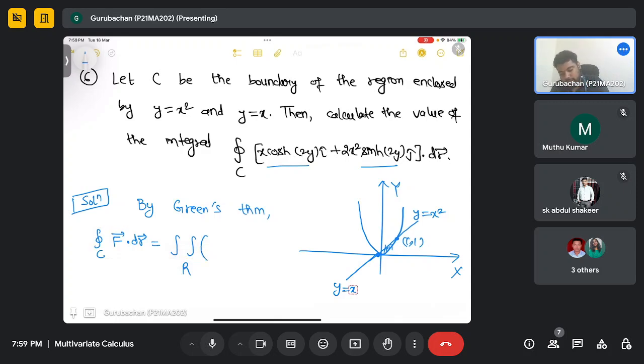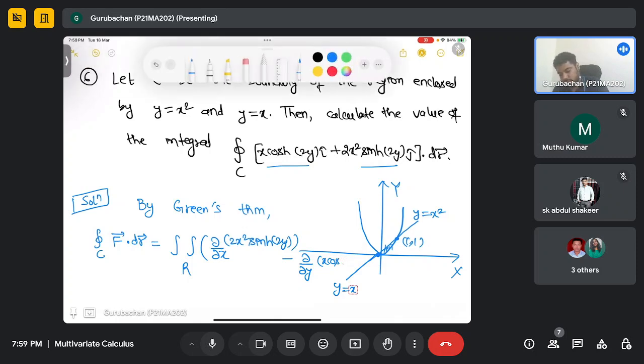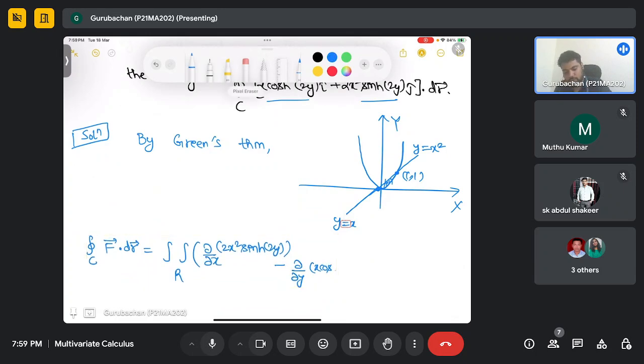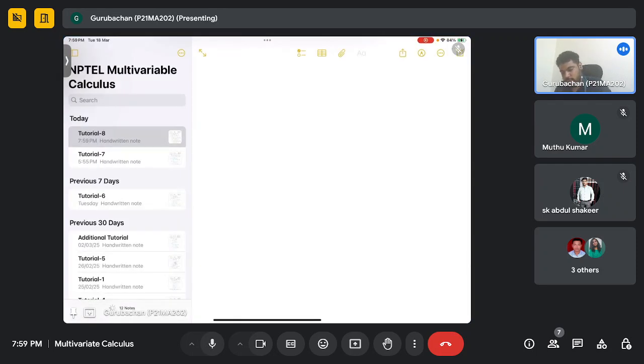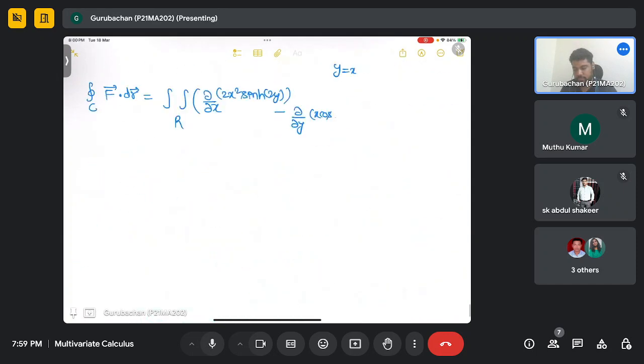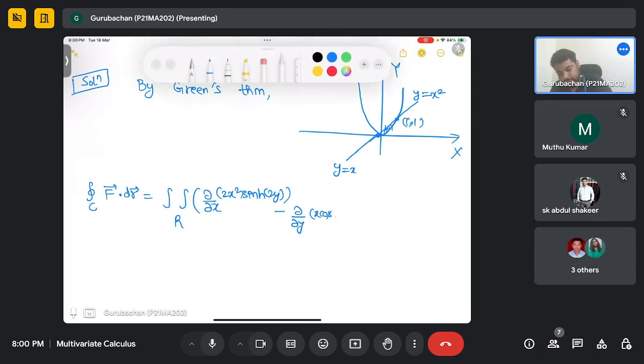You will tell me del by del x of 2x square sine hyperbolic 2y minus del by del y of x cos hyperbolic 2y dx dy.